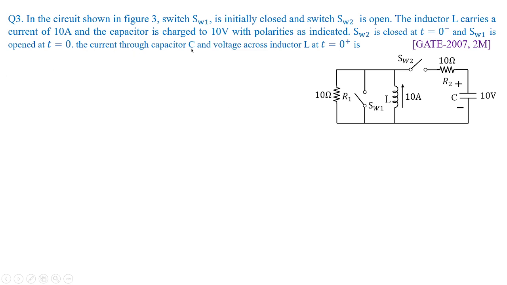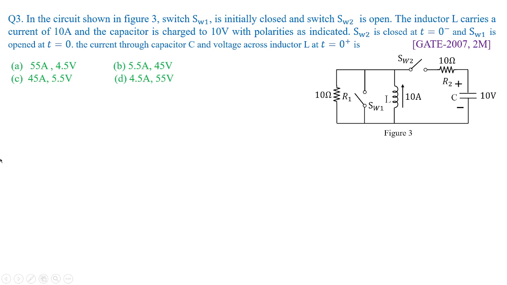The current through capacitor C and voltage across inductor L at t equal to 0 plus is, options given are: Option A, 5.5 amperes, 4.5 volts. Option B is 5.5 amperes, 45 volts. Option C, 4.5 amperes, 5.5 volts. And option D, 4.5 amperes, 55 volts respectively.